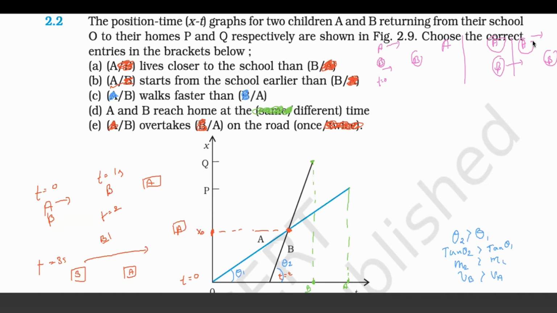And he starts running faster than B. At a certain point those two will meet again, and then A will move faster and overtake. He has overtaken B. So how many times is overtaking happening over here? Twice. So this is once and this is twice. Is this clear? Tell me.